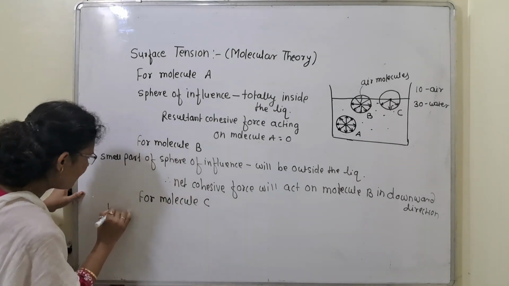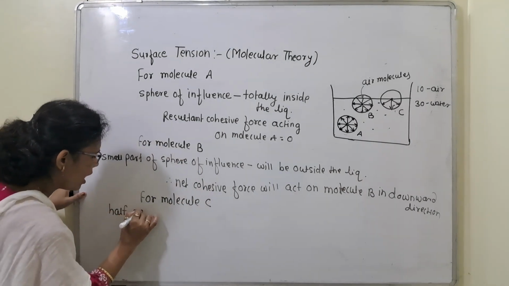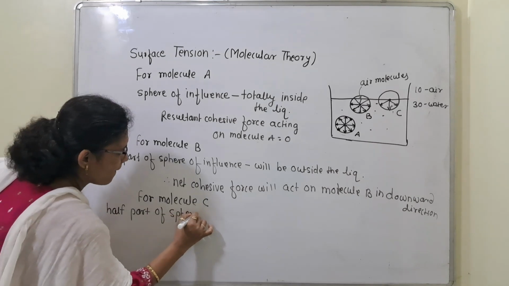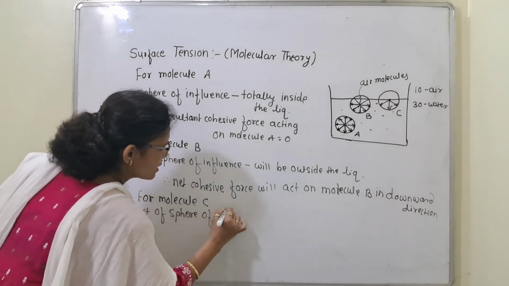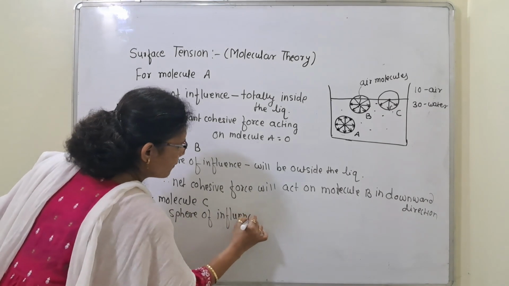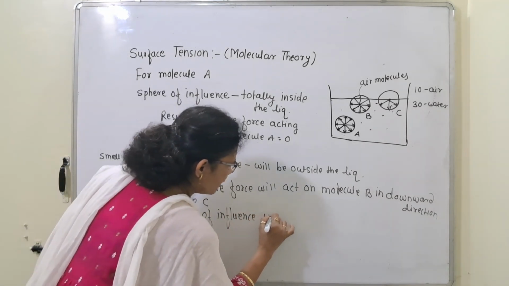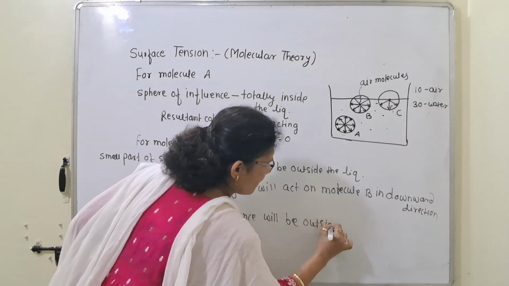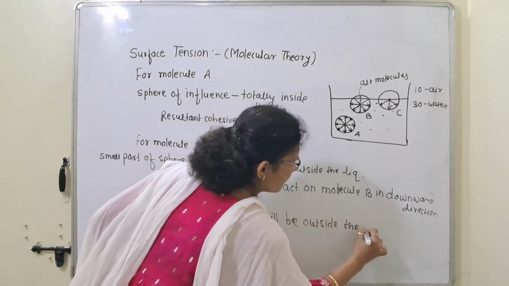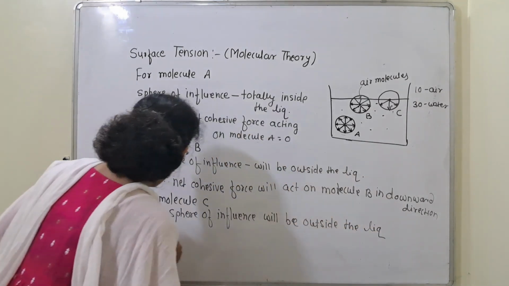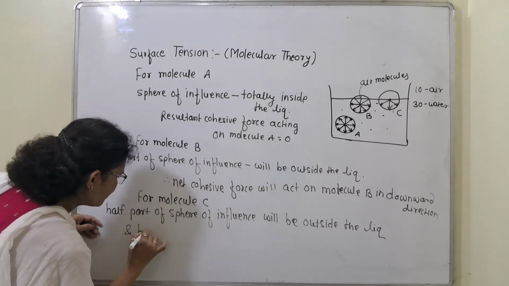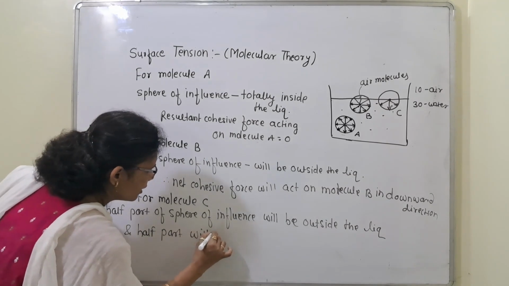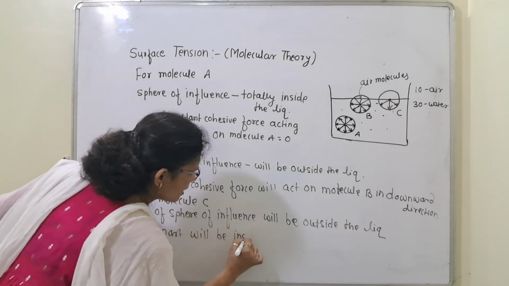See, half part of sphere of influence will be outside the liquid and half part will be inside the liquid.